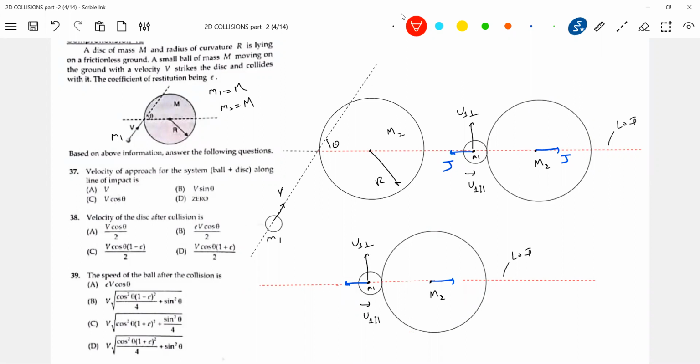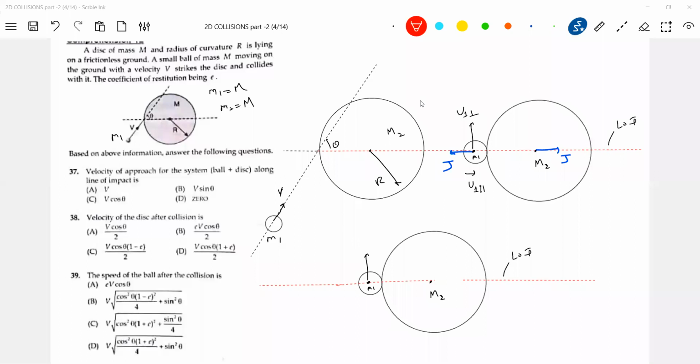After collision, what do you expect the velocities of the colliding objects to be? The u1 perpendicular will remain the same. This should be the line of impact, the common normal, and the common tangent will be this one.